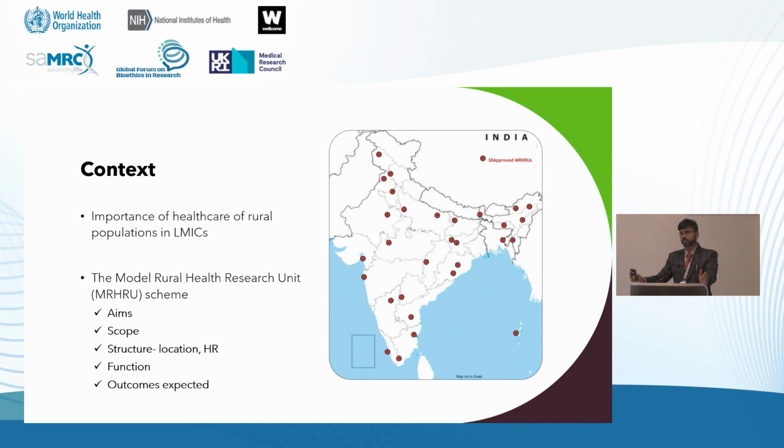The outcomes expected from this were very ambitious. They thought it would not just improve the output of health research among these populations, but it would also lead to an adoption of more technology, more interventions which have been tested in urban areas and implemented in rural areas.